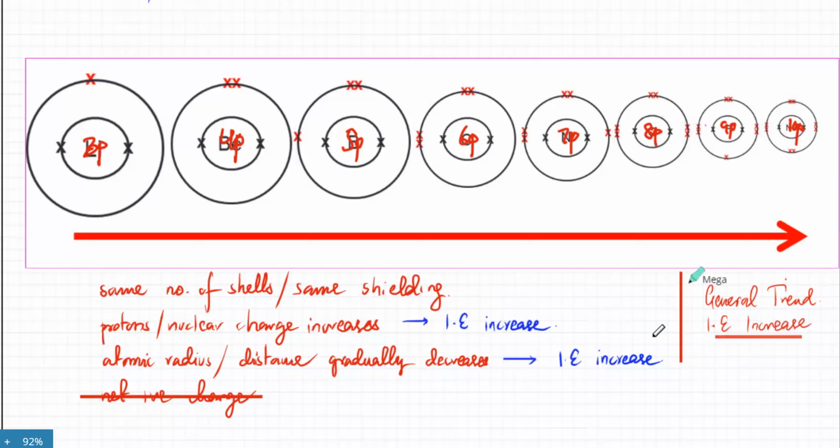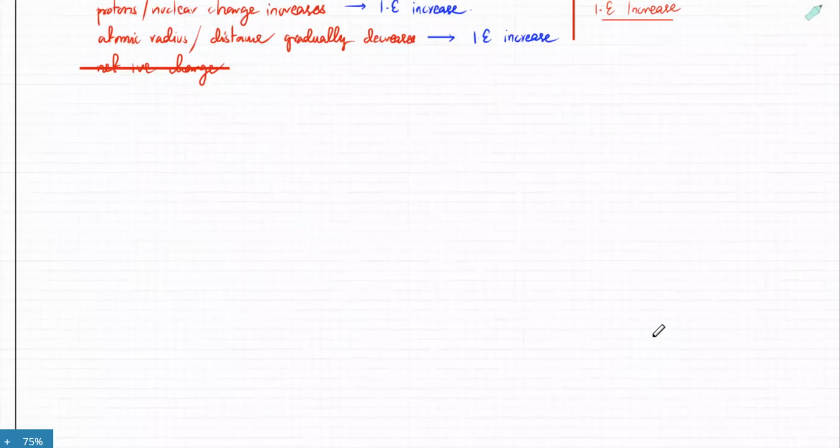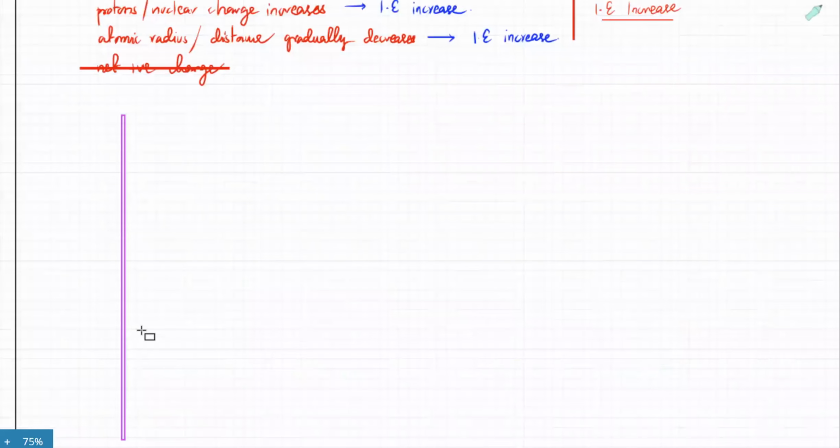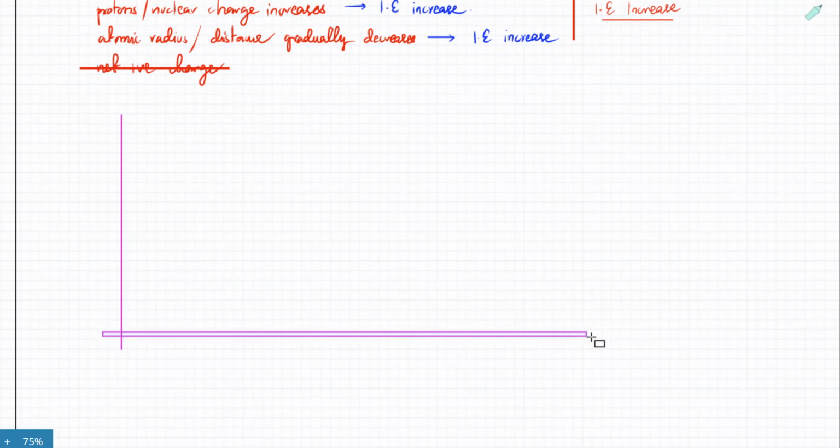So if we make a graph across the period, so remember the factors. Make sure you remember the factors. If I make a graph of all of these across the period, we know the ionization energy should increase. So let's say we have all these atoms with us.